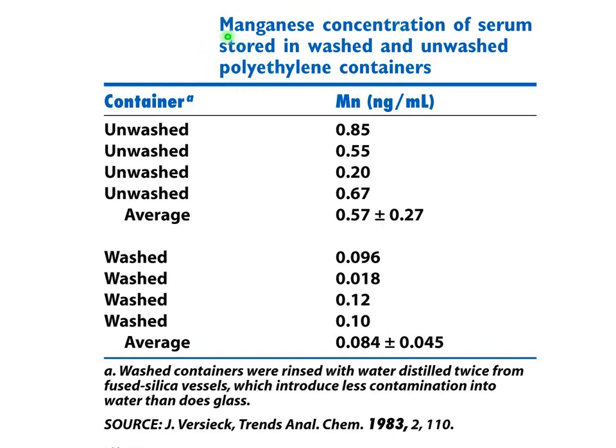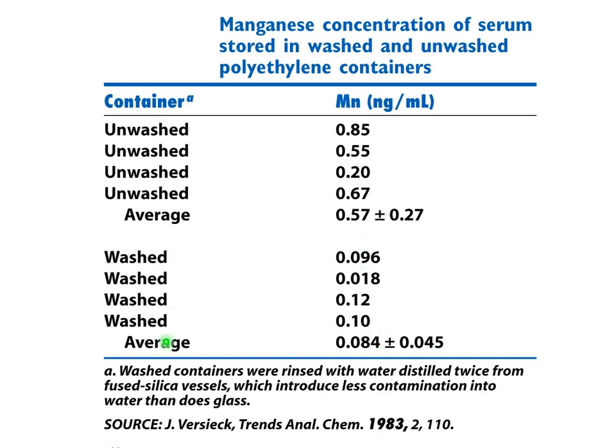This case shows the manganese concentration of serum stored in washed and unwashed polyethylene containers. So unwashed means clean coming from the manufacturer. And as you can see, we have a very large discrepancy between numbers, with numbers around half a nanogram per ml. Actually, the concentration is much smaller.